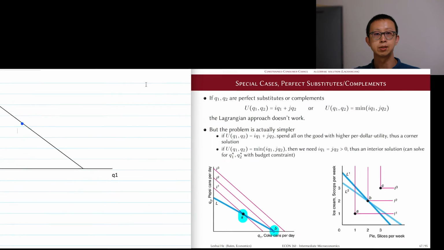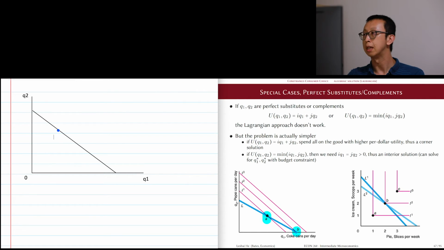Let's consider a consumption bundle that is not at the corner of an indifference curve, but is on the budget constraint. Let's say this blue point here on the budget constraint. Because this point is not at the corner of the indifference curve that passes through it, it must sit somewhere along one of the two perpendicular arms of the indifference curve.